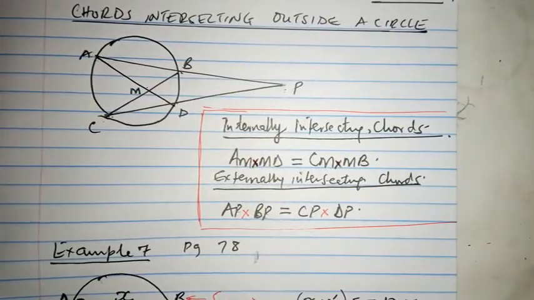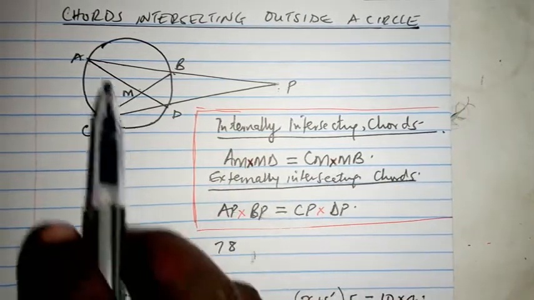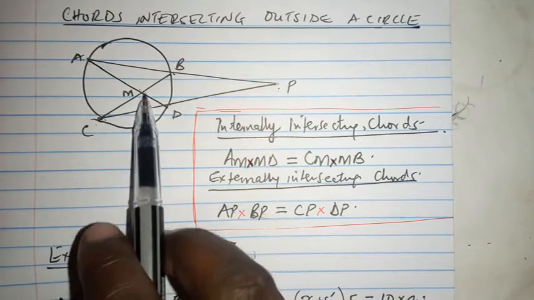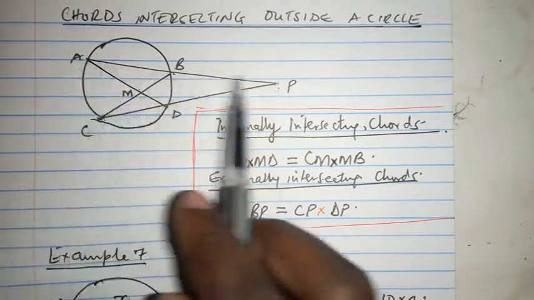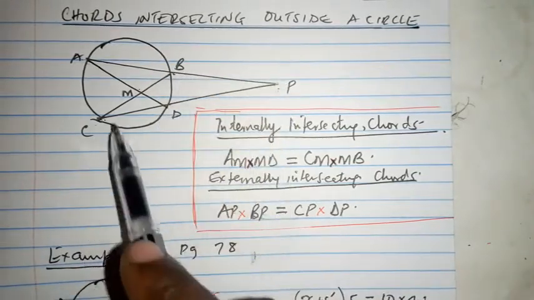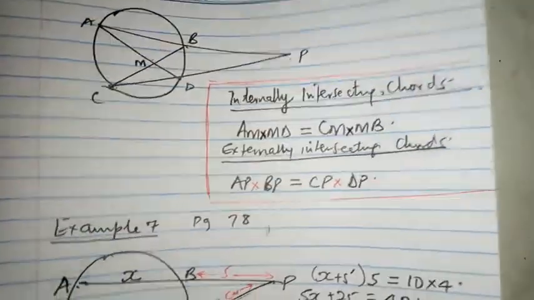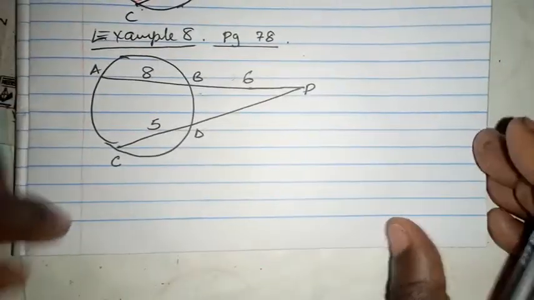Just for recap: internally intersecting chords, AM times MD is equal to CM times MB. Externally intersecting chords, AP times BP is equal to CP times DP. That is the knowledge we are going to use now in this example.